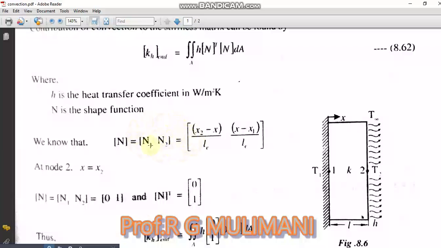We already derived in the earlier sessions the N1 and N2 values.